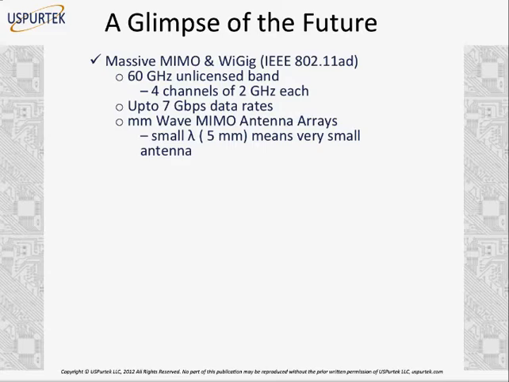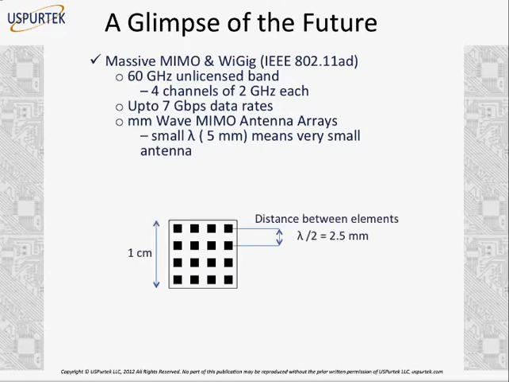And that also means it will allow us to fabricate antenna elements within a very small form factor, such as 1 centimeter square. A square of 1 centimeter can hold as much as 16 antenna elements, each separated from each other by a distance of 2.5 millimeters, because we are using the 60 gigahertz unlicensed band.